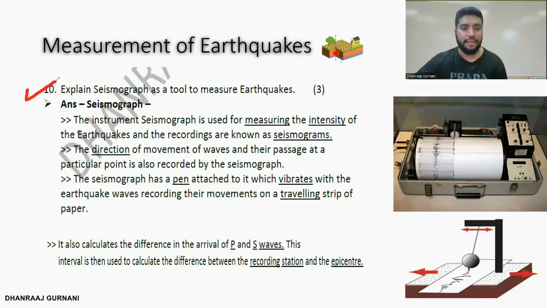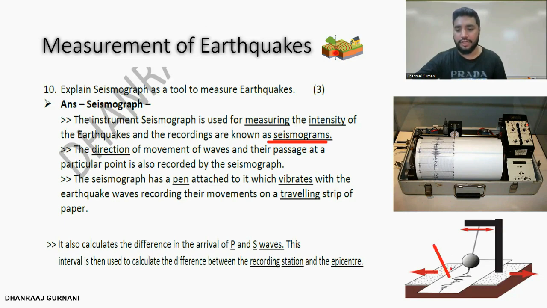Question number 10. Explain seismograph as a tool to measure earthquakes. Here you have a picture of a seismograph. Let's see how the seismograph works. The instrument seismograph is used to measure the intensity of an earthquake, and the recordings are known as seismograms.